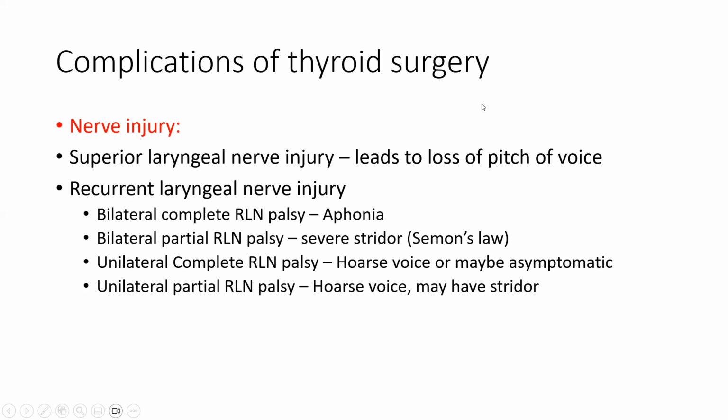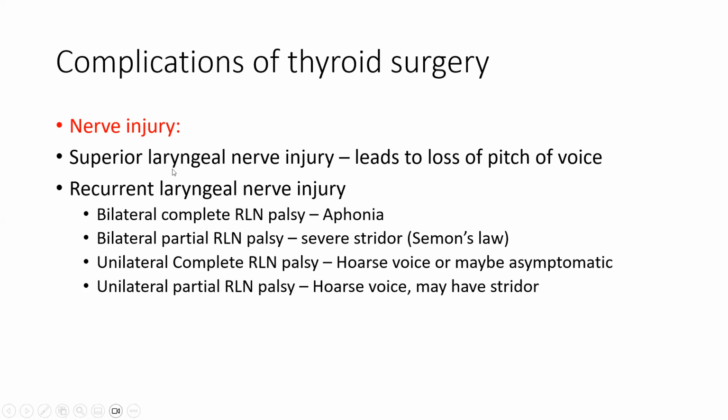There can also be recurrent laryngeal nerve injuries, difficulty in breathing, hoarseness of voice. All those you need to tell. Loss of pitch of voice happens because the superior laryngeal nerve innervates the cricothyroid muscle, which helps to give pitch to the voice. This is important if they're singers.